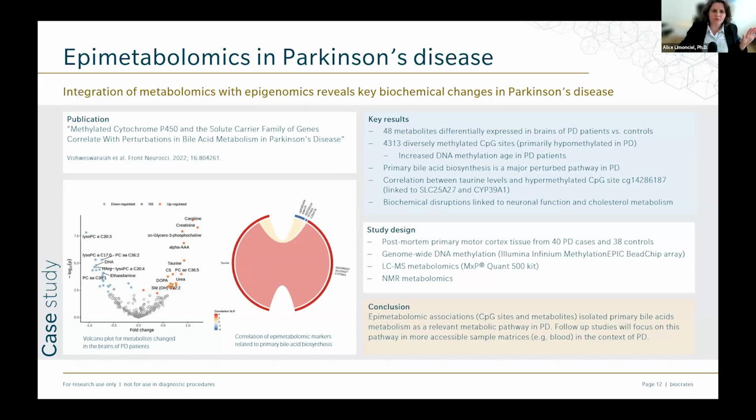So for anyone who knows about taurine, you know that this is a metabolite that is often conjugated to bile acids, so it has a direct metabolic link to bile acids. And interestingly, this is the one that is associated with those genes also related to bile acid metabolism.